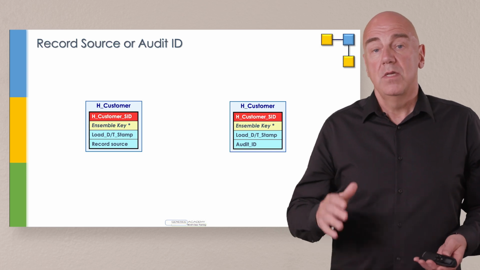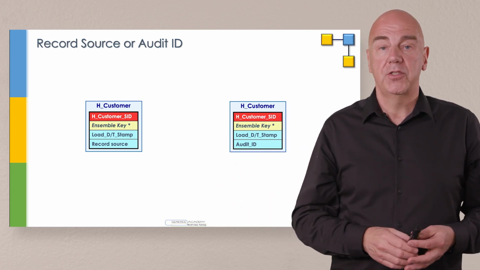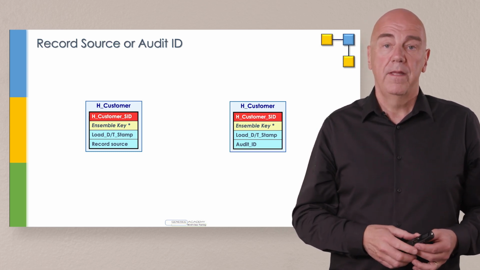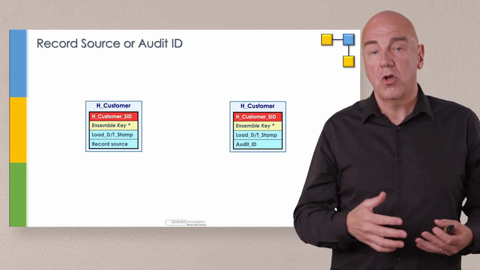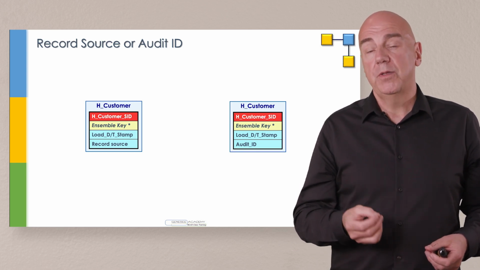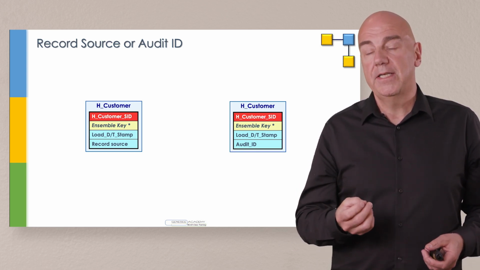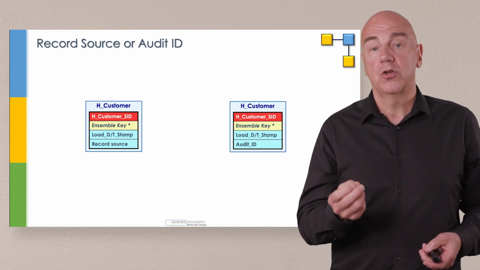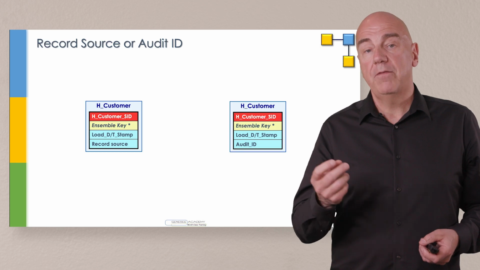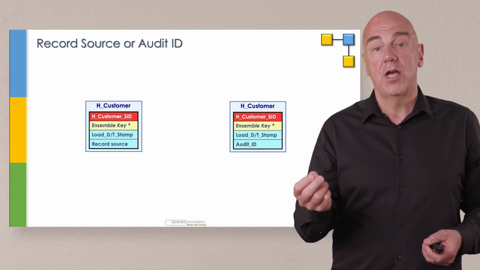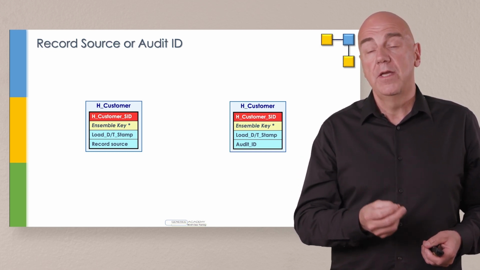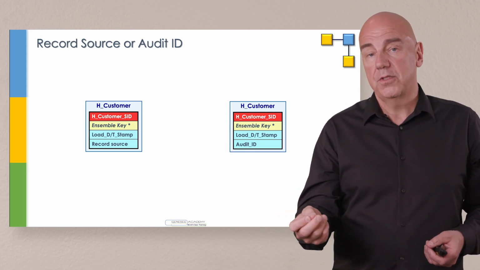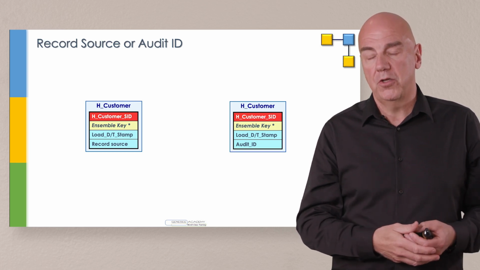On the right-hand side, you notice a slight variation. We're using the word audit ID instead of record source. And the reason for that is that in most all data warehousing deployments, it's more realistic to just call this some kind of an audit ID, which is really a key that is a way to unlock the information in your load metadata. So whatever it was that defines the job that did the load is encapsulated, in this case, in just a key that we can use to unlock the information of our load metadata.